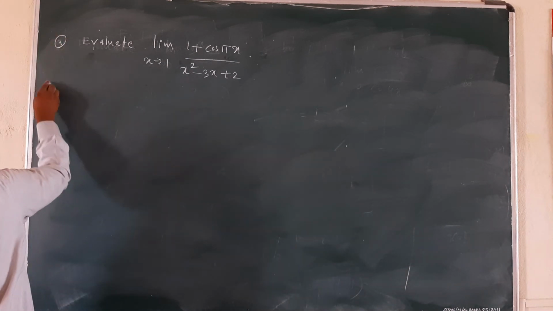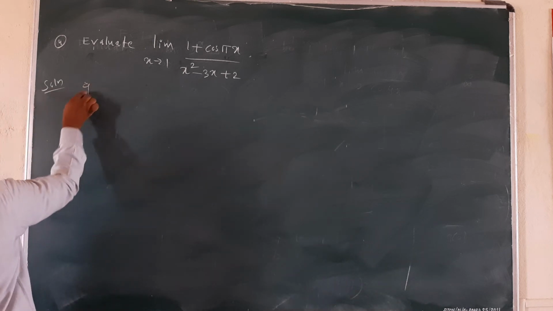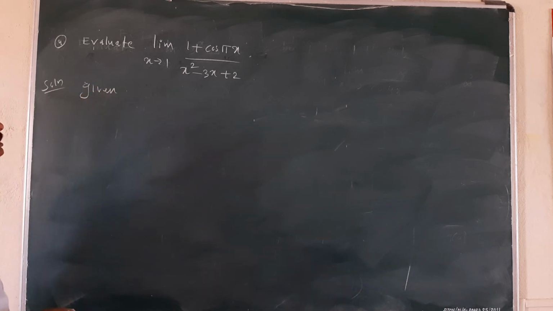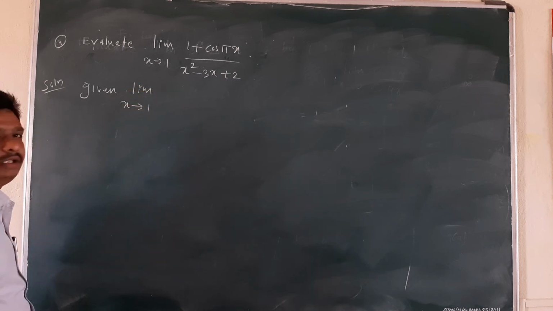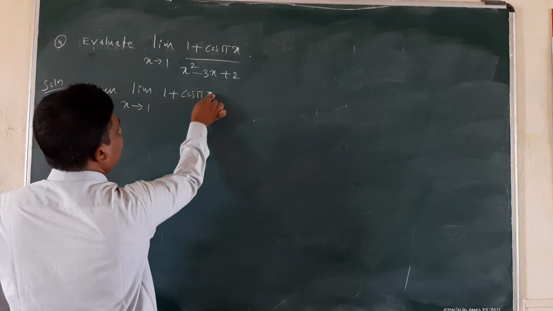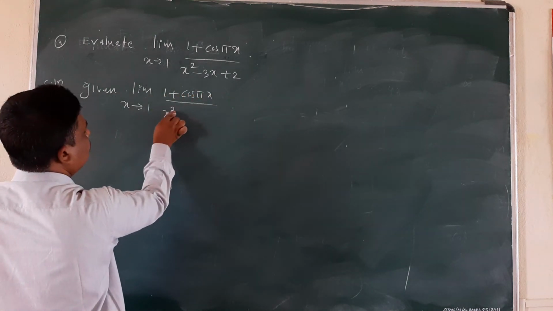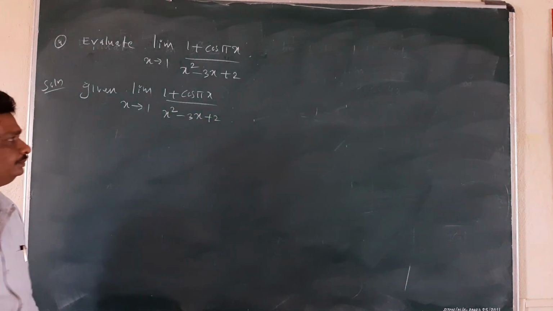Problem number 4. Solution: given limit as x tends to 1 of 1 plus cos pi x upon x square minus 3x plus 2.